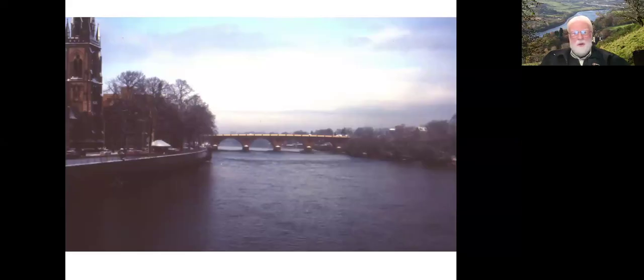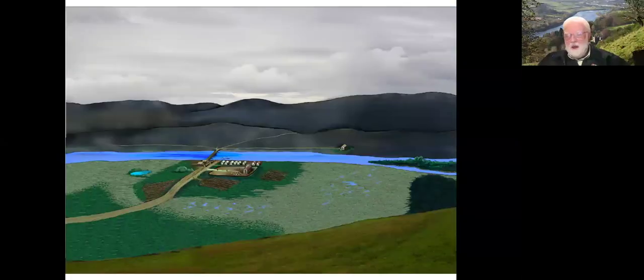And if we move on to our next view, that is Perth as it might have been about 1027, 100 years before it became a royal borough. We're now looking eastwards across to Bridgend, and there is the nucleus of the very early medieval settlement on ever so slightly raised ground, with the parish church, St. John's Kirk, just there.